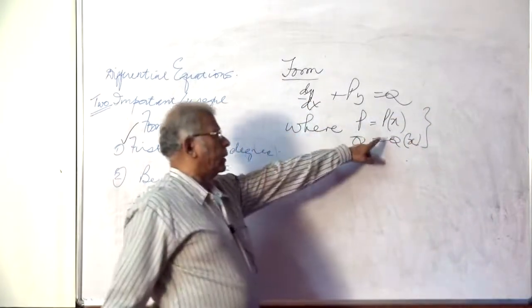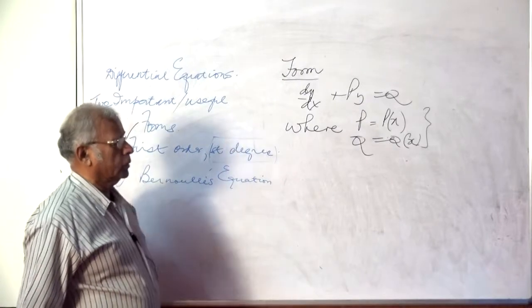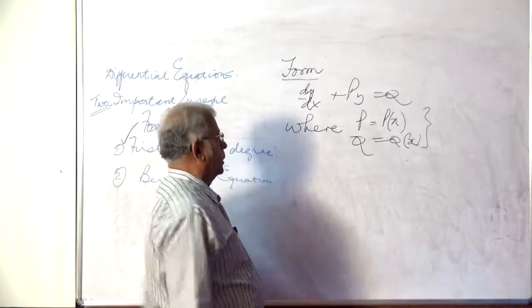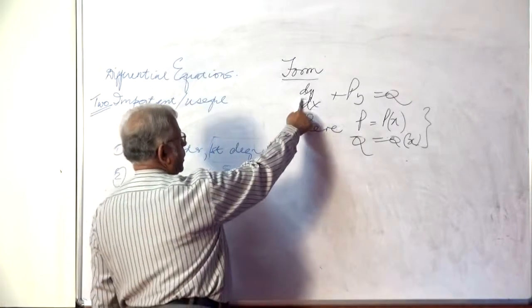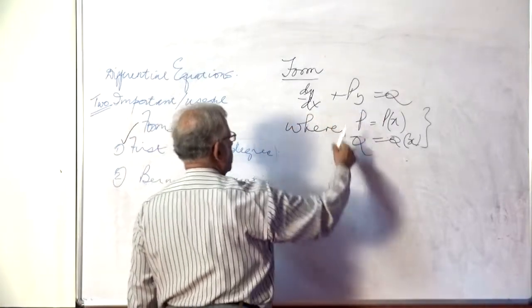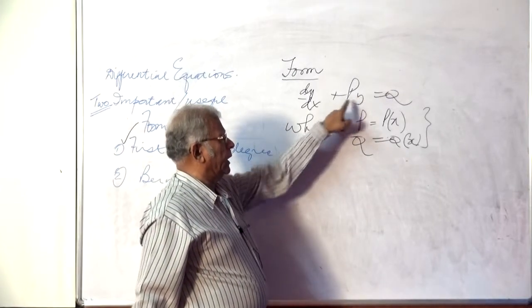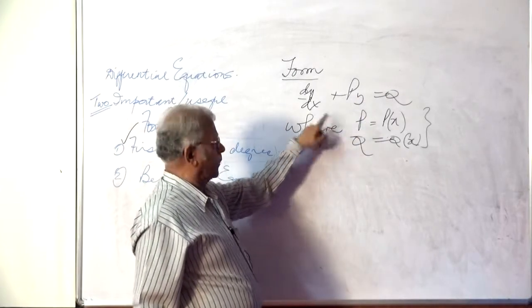These may also be constants. So either one or both of them can also be constants. So dy/dx plus py is equal to q, where it is understood that y is the dependent variable and x is the independent variable.